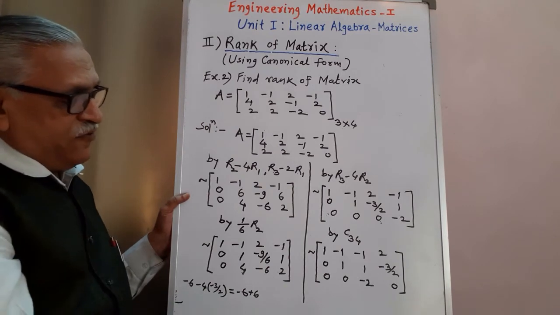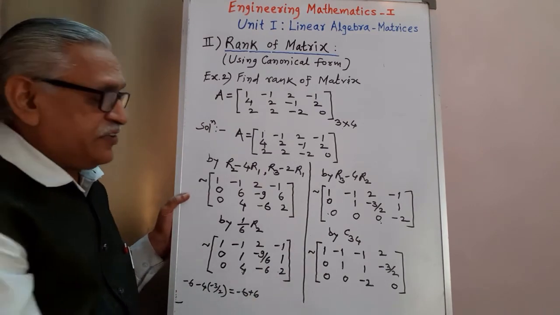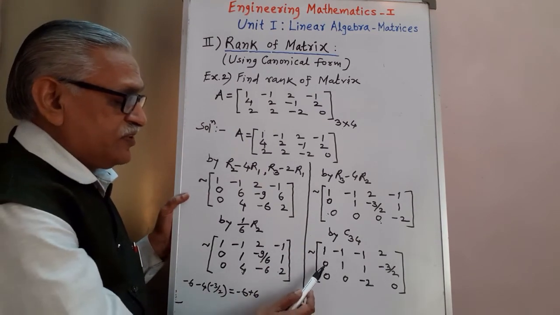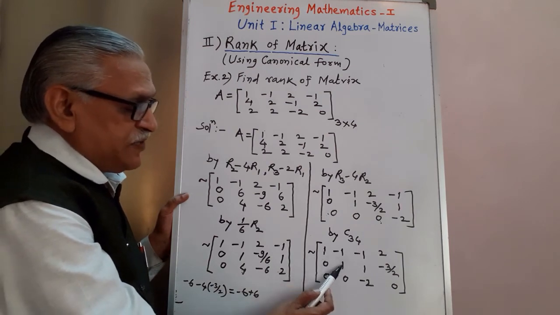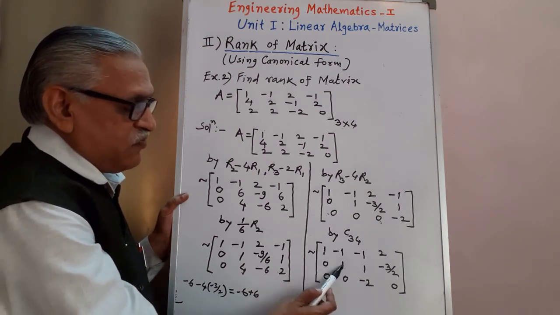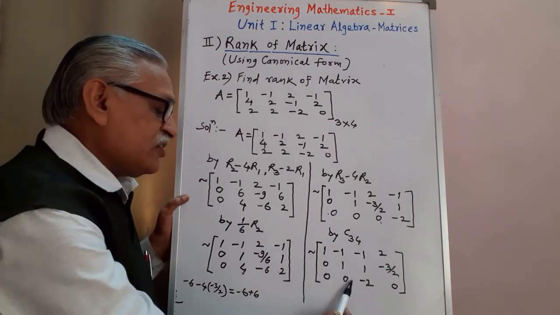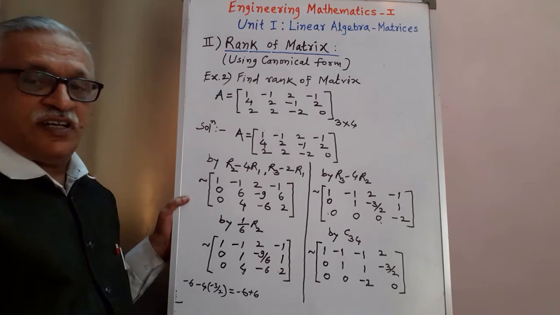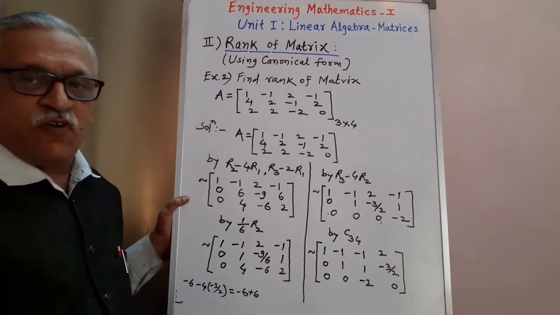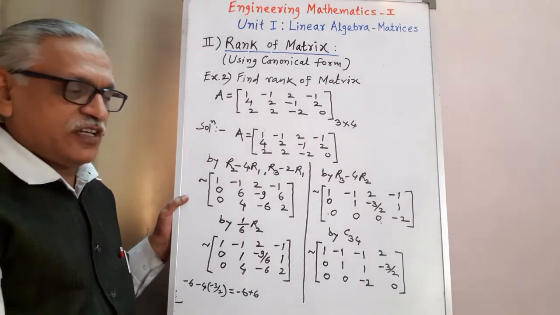Okay, and therefore once again we check the condition for the canonical form of a matrix. All the principal diagonal elements 1, 1, minus 2 are non-zero, and lower diagonal elements are 0. That's why whatever form we have is called the canonical form.